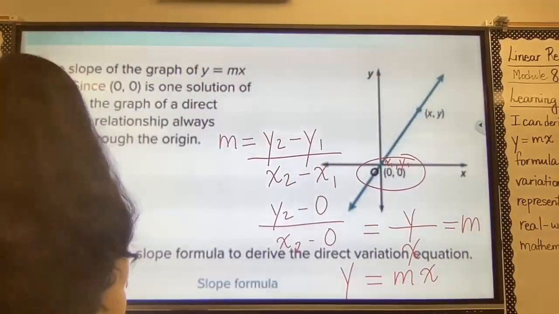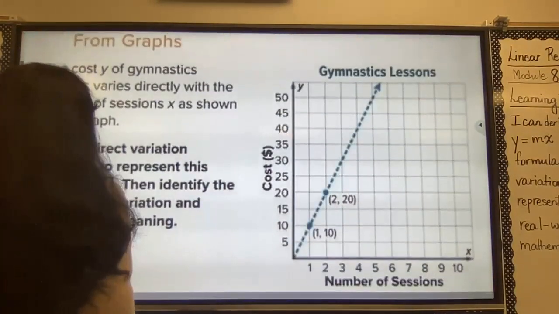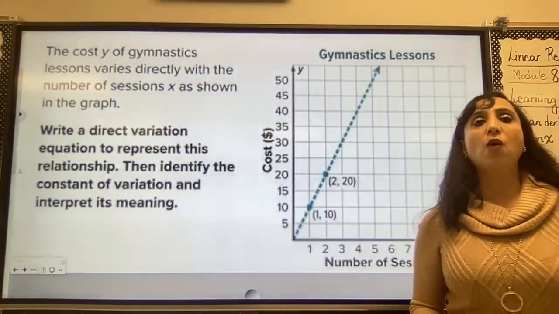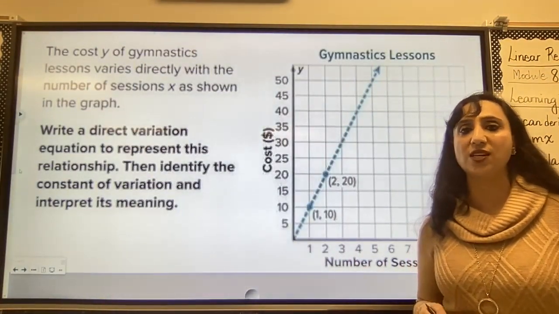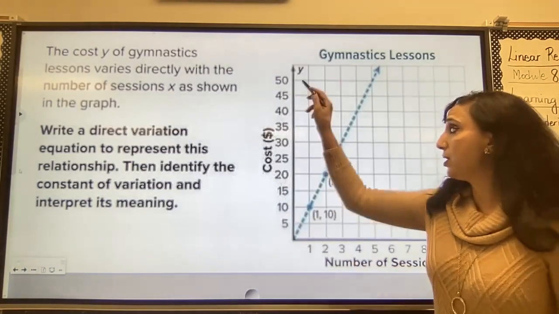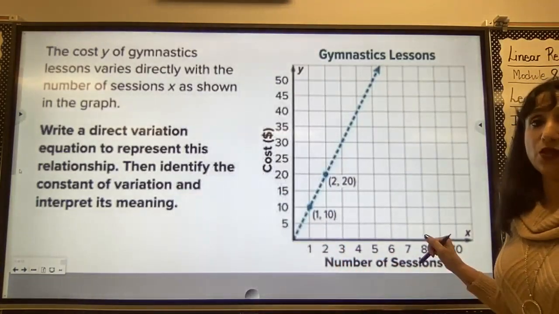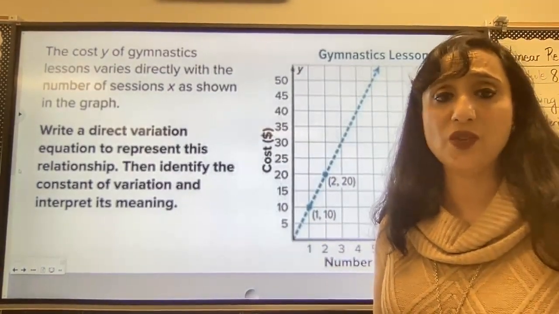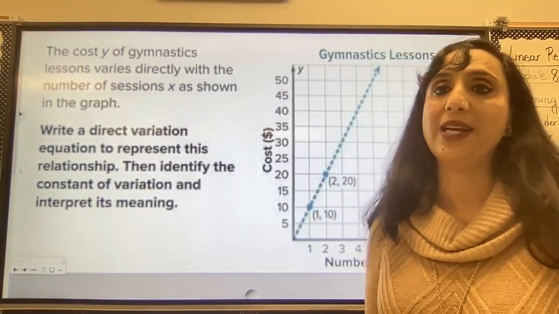So let's go on to this one. The cost y of gymnastics lessons varies directly with the number of sessions x, as shown in the graph. So this is going to vary directly with x, which is the number of sessions. Write a direct variation equation to represent this relationship, then identify the constant of variation and interpret its meaning.